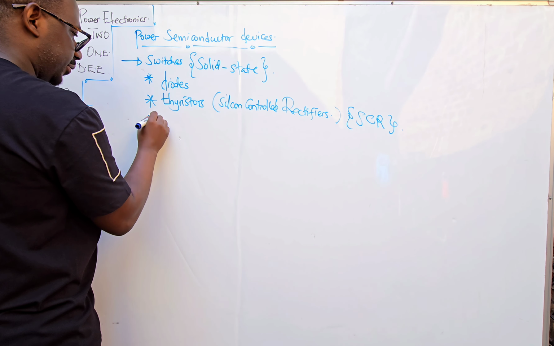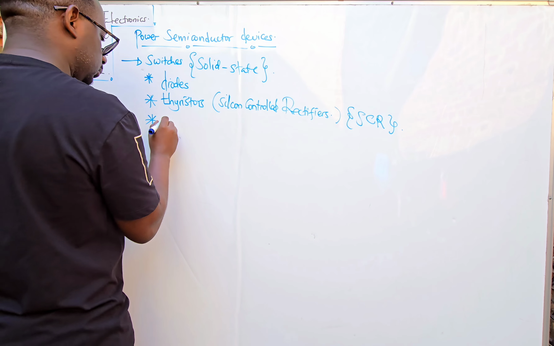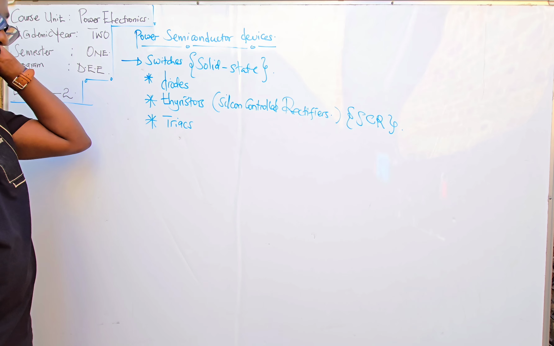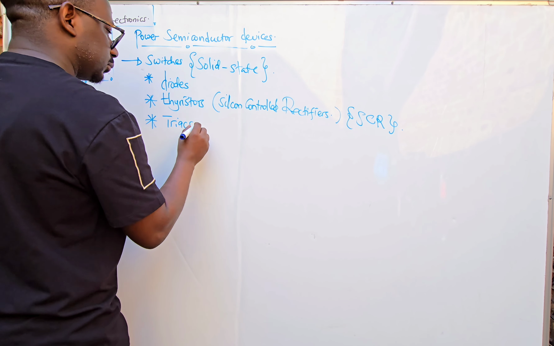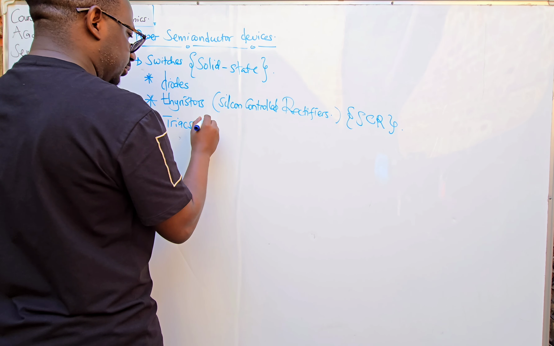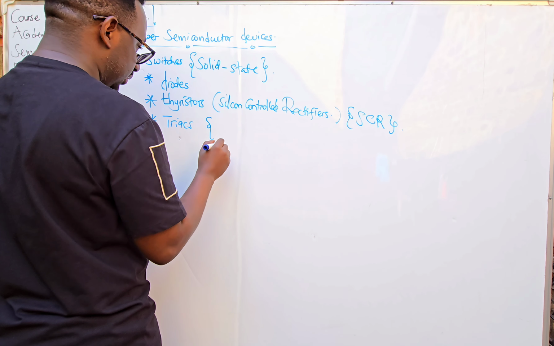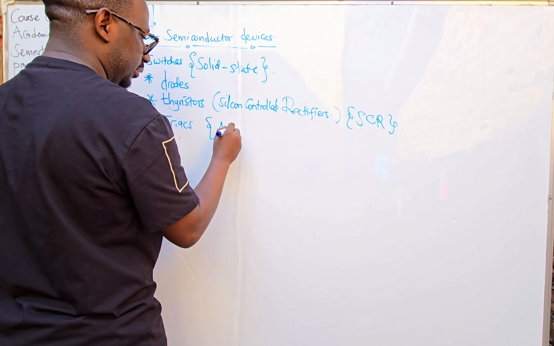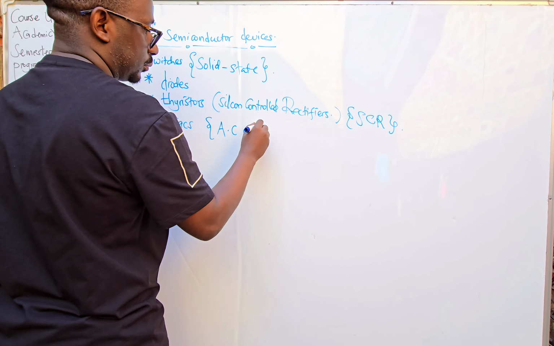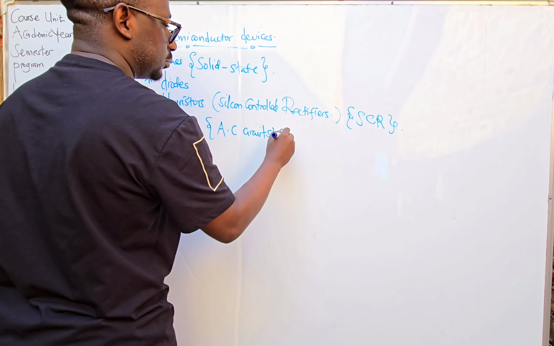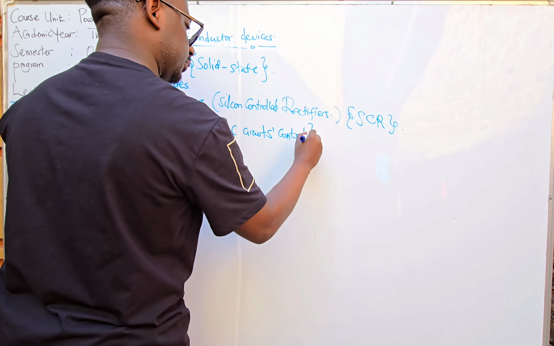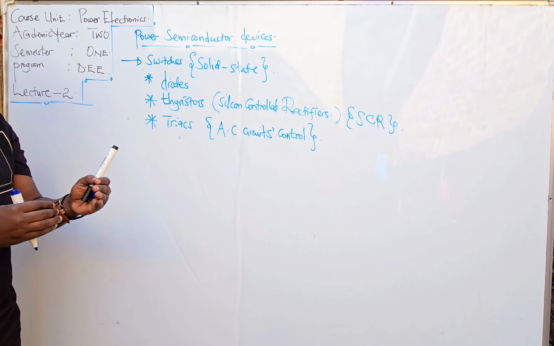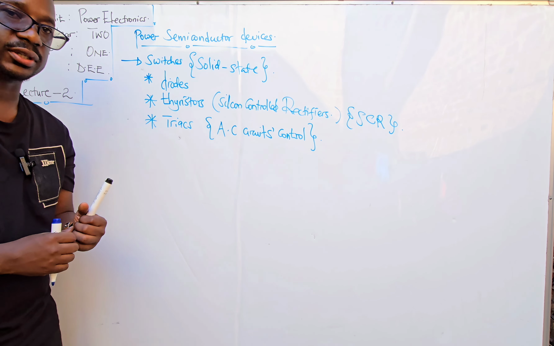Then we have what we call triacs. Triacs are also solid state switches. These ones are mainly used to control AC circuits, like phase angle control, where we have to control how much power goes to a load by controlling the average voltage, right?